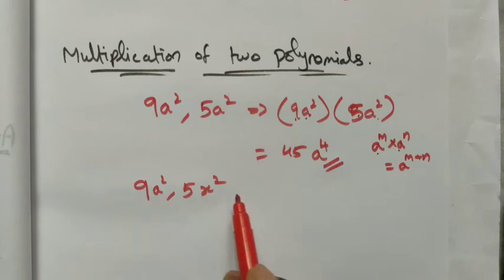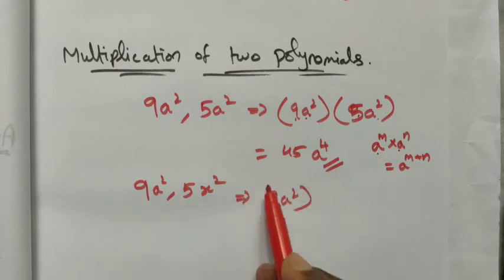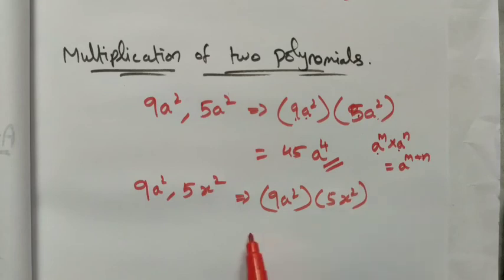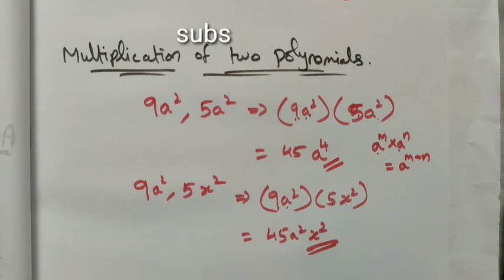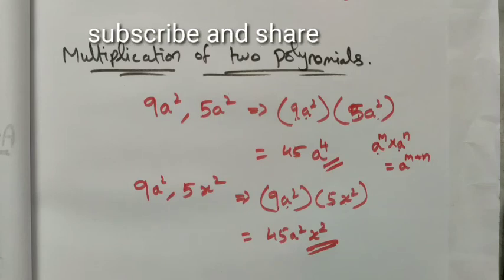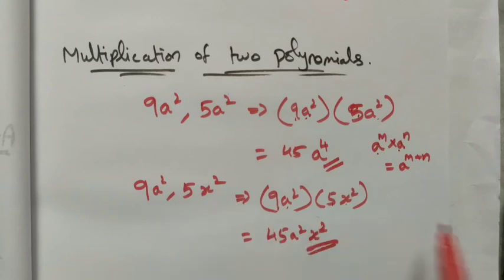Now we want to multiply these two terms, 9a square into 5x square. 9 fives are 45. Here we have a square into x square. Only in addition and subtraction do we look at like terms, but in multiplication we are not looking at like terms or unlike terms or same or different variables. We didn't see anything, we just multiply the terms.